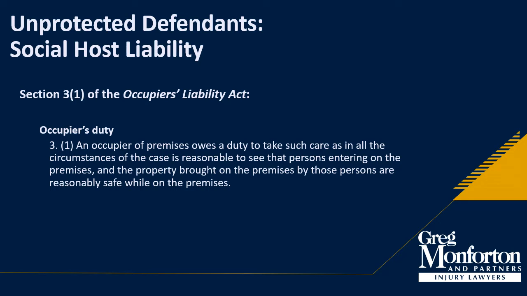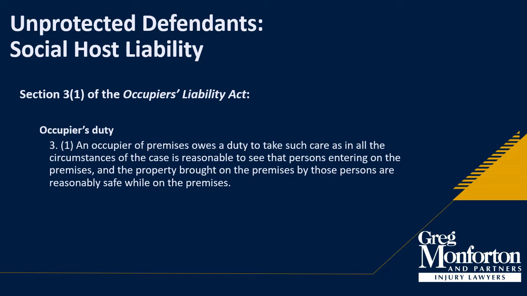And that would go to bar fights, to having proper security, to monitoring them before they get into a vehicle. And that duty would apply in addition to the duty that's found in the Liquor License Act. So if you were advancing a claim on behalf of an injured party where you were suing a tavern, you would more likely than not want to plead both the Occupier's Liability Act and the Liquor License Act in your pleadings.